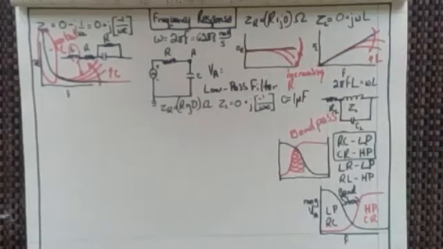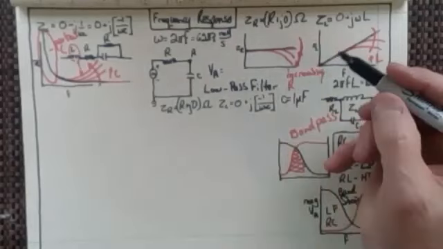So if I've got a 1 microfarad capacitor, 1 times 10 to the minus 6 times 6283, that gives us that, but I really want 1 over that, and that gives us 159.16.